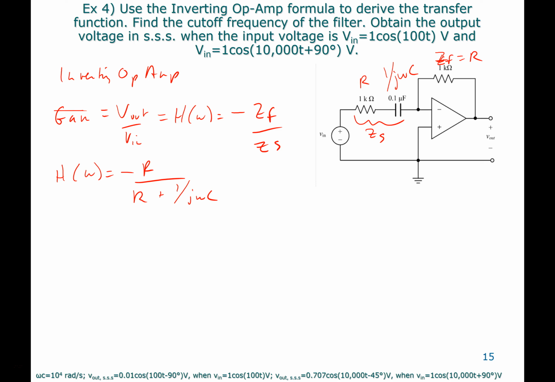Which isn't really giving you much amplification, but you could provide more amplification if you change the gain of that thing. And ultimately, the output voltage, steady state, when the input voltage is given. So your ultimate H of omega in the circuit is 1 over (j omega 0 over omega minus 1).